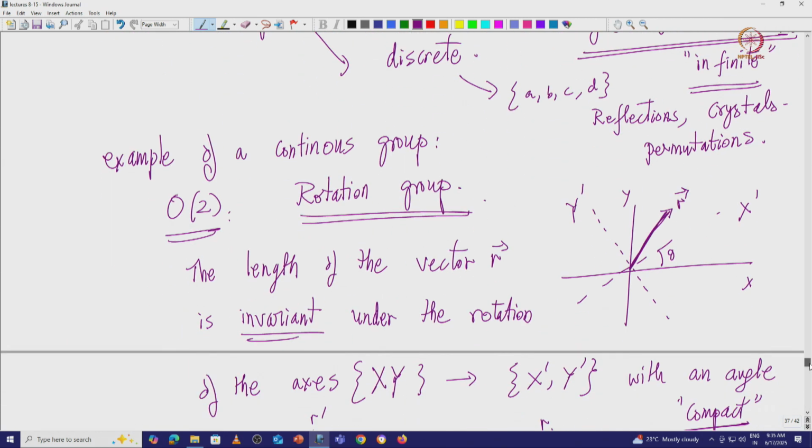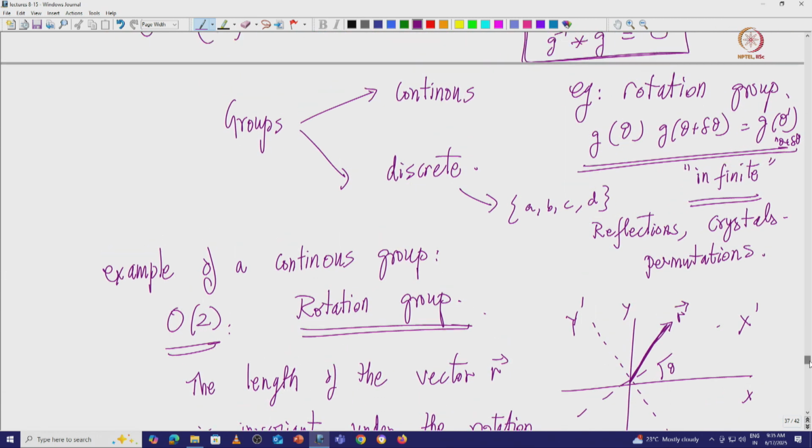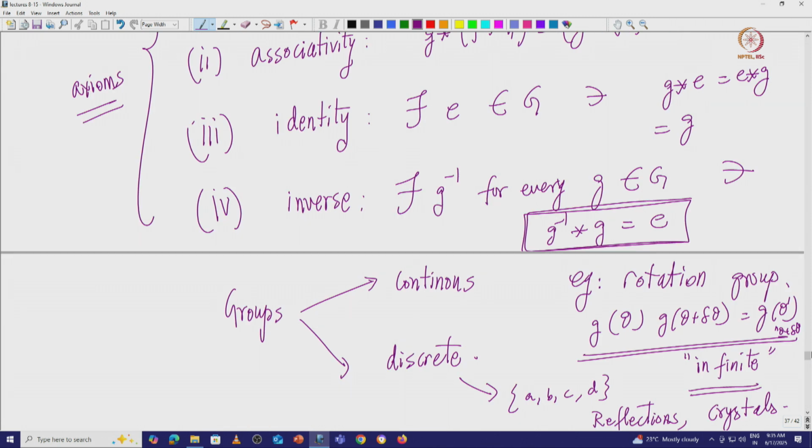Maybe it's much easier to write it in the simplest sense, instead of introducing so many notations: g of theta times g of theta prime equals g of theta plus theta prime. This is the group action. That means if you rotate with one angle theta and next rotate with another angle theta prime, this is equivalent to a rotation by an angle theta plus theta prime.